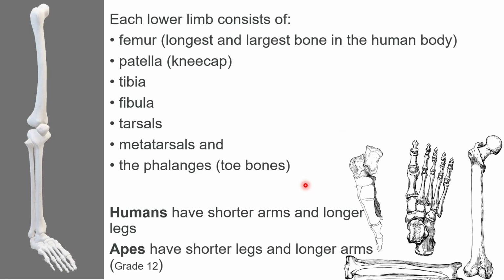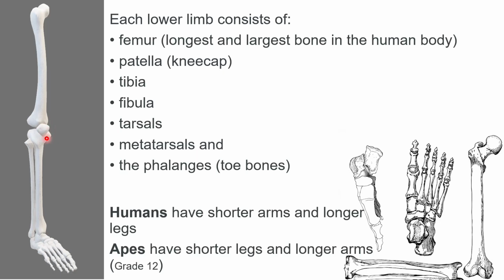If we look at the lower limbs, then we can see the different parts. This very, very long bone, the longest bone in the body, is the femur. And then we've got this kneecap, the patella.